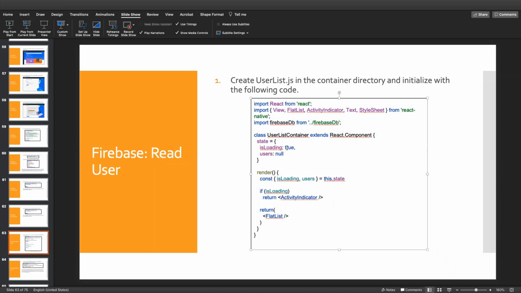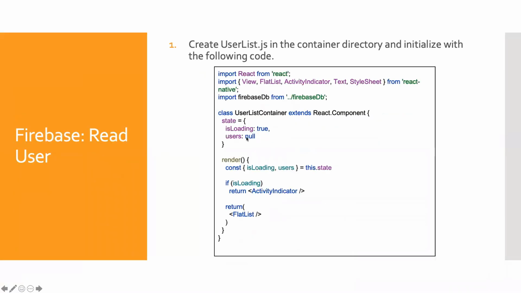The loading state tells me if I'm currently fetching the user list, and if it is, I'll return a component called an activity indicator, the swirly loading thing that you see on iOS or Android. And the user state stores all the user data that we fetch so that we can return it into the component.